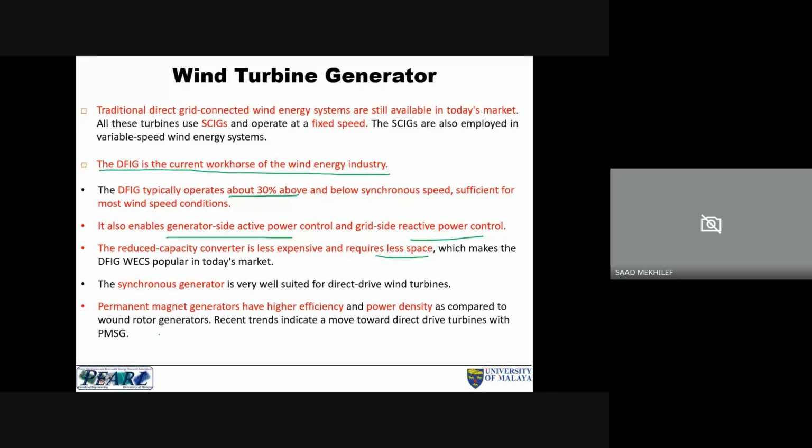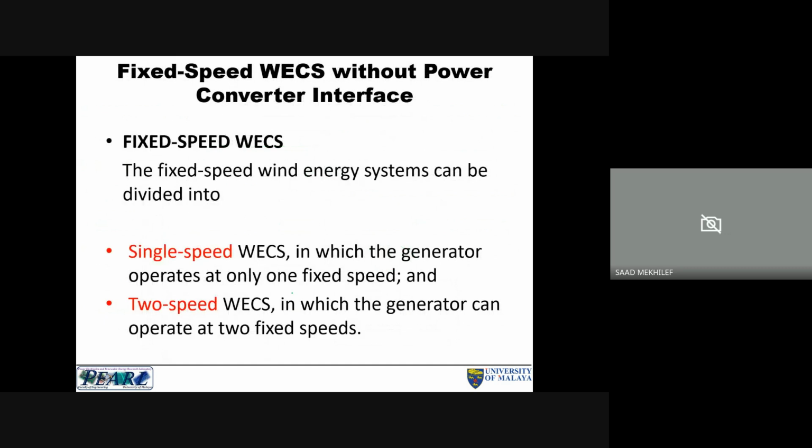But as we mentioned just now, the PMSG, the permanent magnet generator, has higher efficiency and higher power density compared to other wind generators.